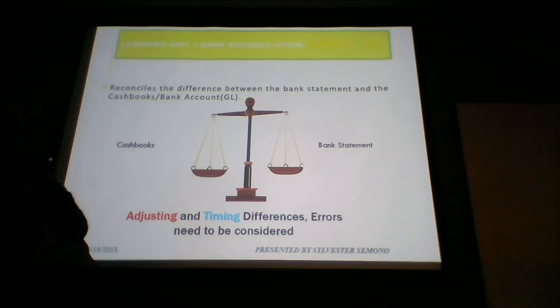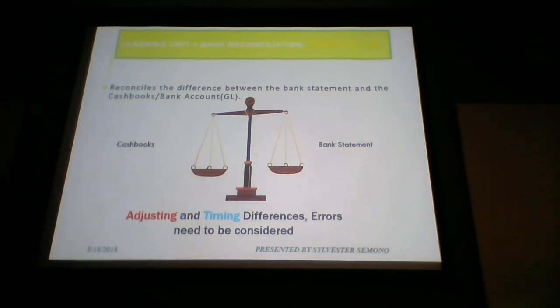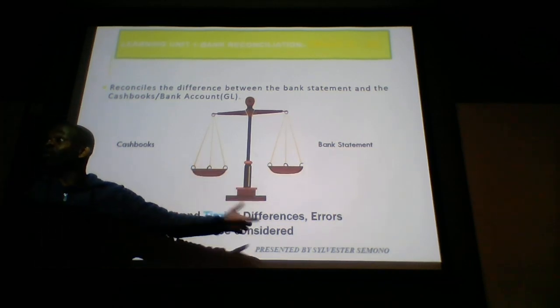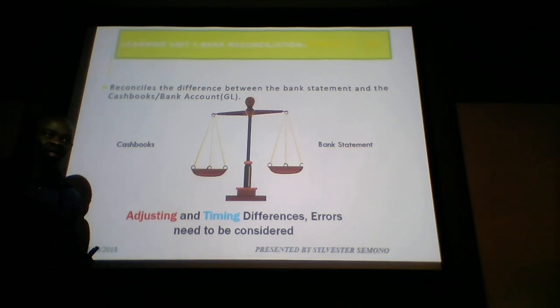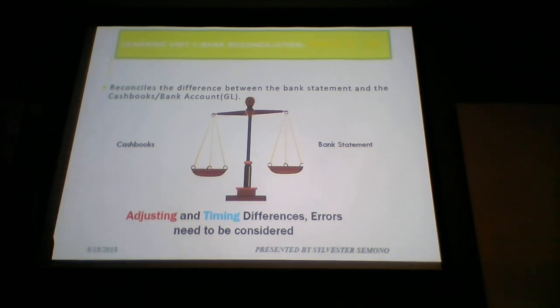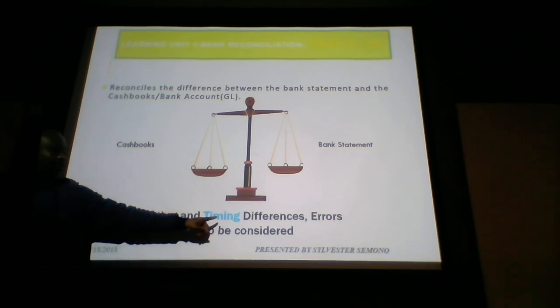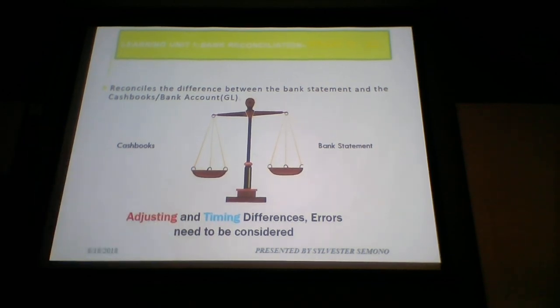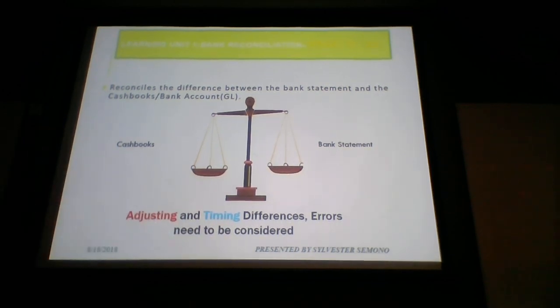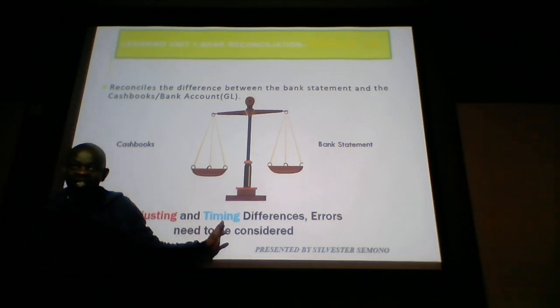Timing means in our books we have those records, but they are not reflected yet on the bank. Like what you said, sometimes you deposit a cheque. It takes maybe how many days? Three days to reflect. For timing, that amount is what? It's a timing. So next to the timing difference, just write outstanding items. All the outstanding items are referred to as what?